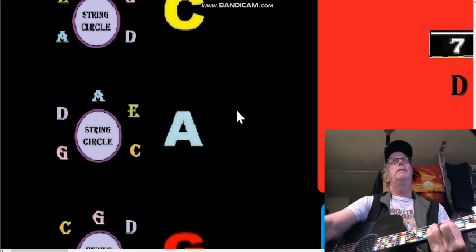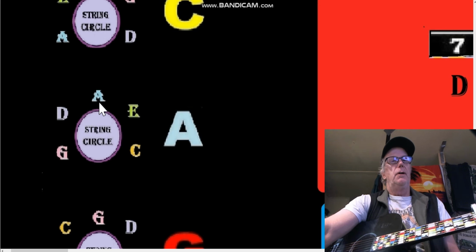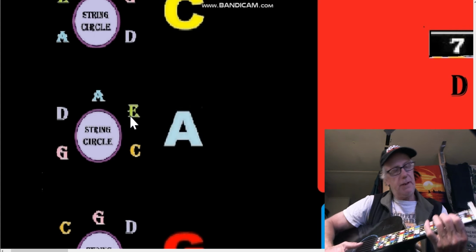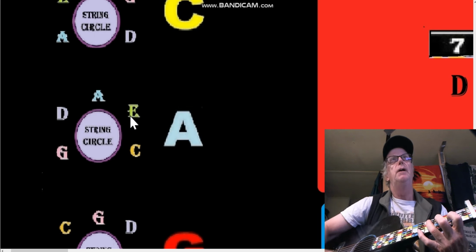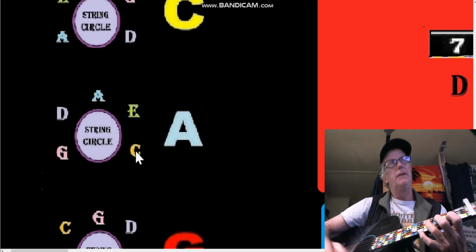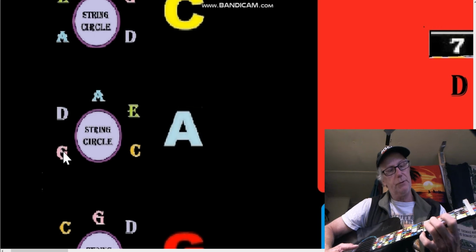When we do that, we want to do the diatonic scale. Going up, we start with the A string shape. We go to the E string shape, 7 root 2, so it's 5, 6, 7 root 2. To the C string shape, 3, 4, 5. To the G string shape, 6, 7 root.